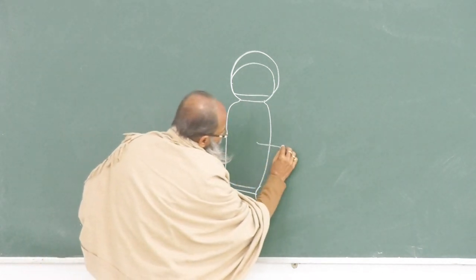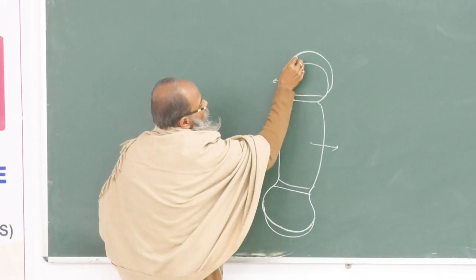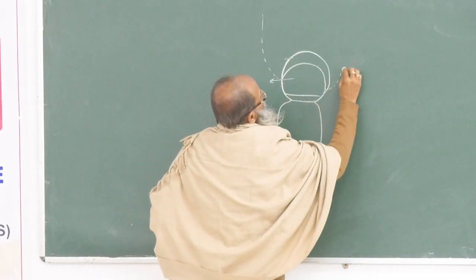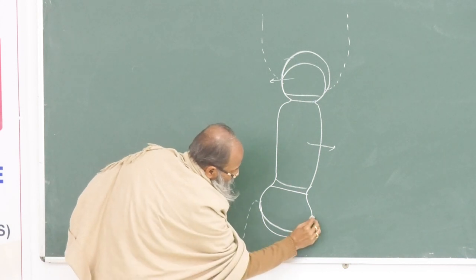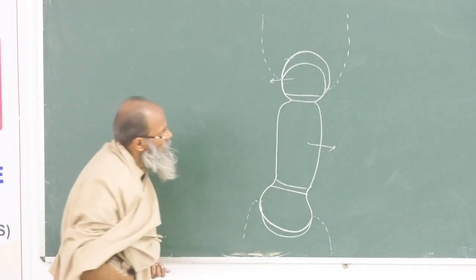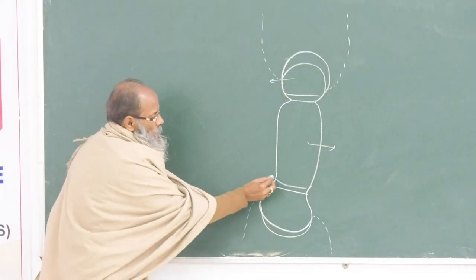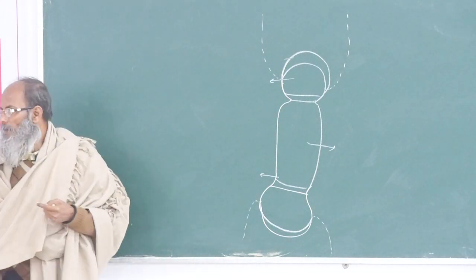So this is diaphysis, this is the epiphysis, this is the articular cartilage, this is the capsule of a joint. Capsule of a joint extends up to the margin of the articular cartilage. This is the diaphysis, this is epiphysis, and this is the metaphysis.